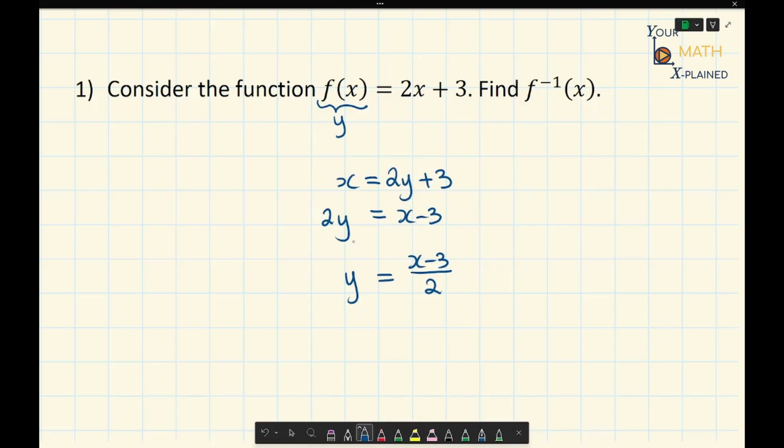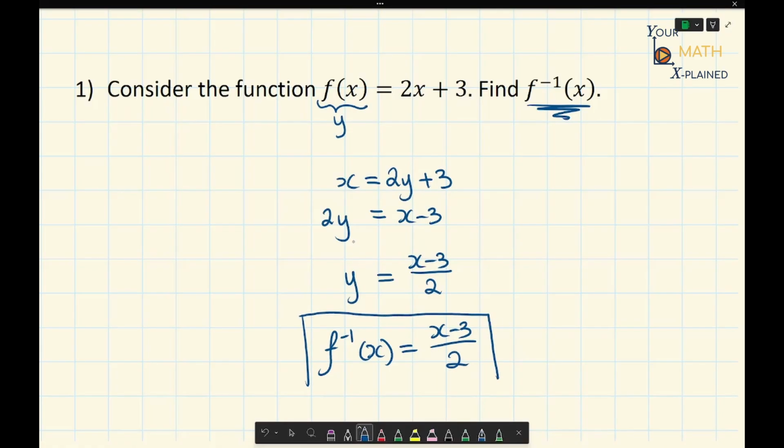Notice how the original question is asking for f inverse of x. We cannot leave our answer as y is equal to. So remember to do this very last important step, which is to replace your y with f inverse of x. And that is equal to x minus 3 over 2. So this is how you should be presenting your answer.